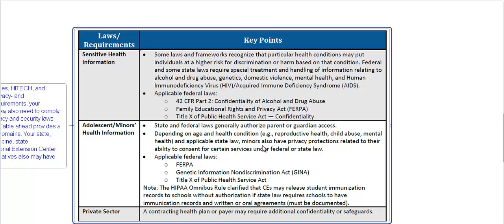Minors also have privacy protection related to their ability to consent for certain services under federal or state law. Applicable federal laws: FERPA, Family Educational Rights and Privacy Act, Genetic Information Nondiscrimination Act, GINA, and Title X Public Health Service Act.